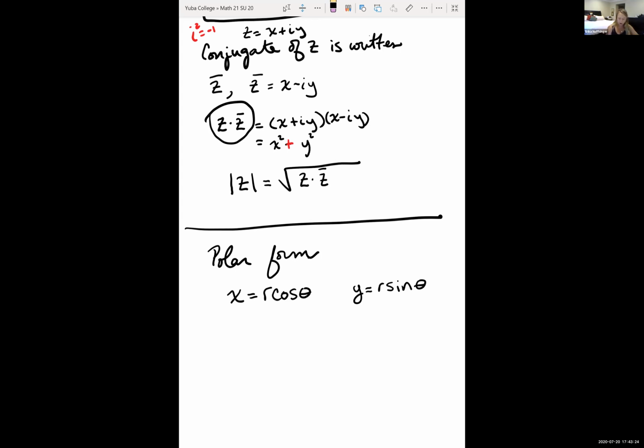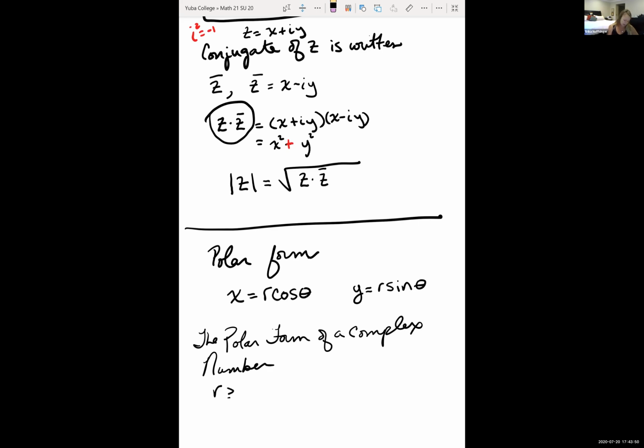So the polar form of a complex number is as follows.